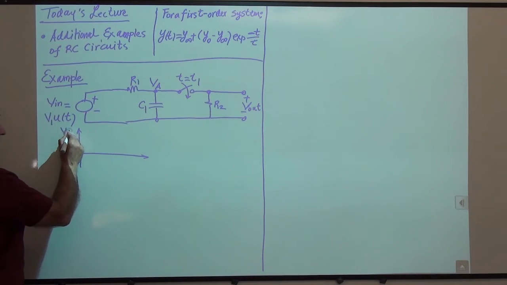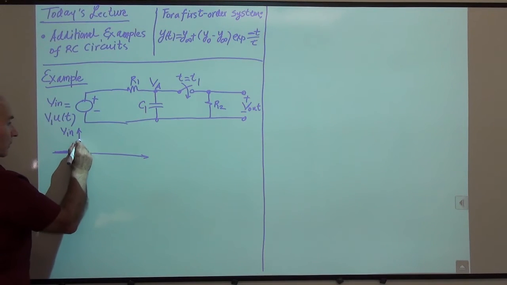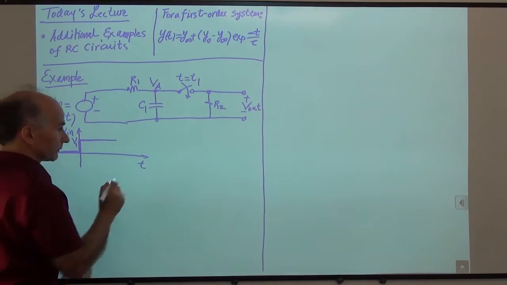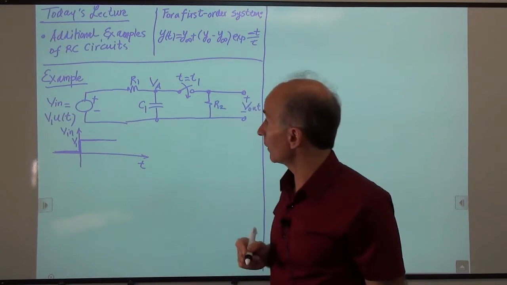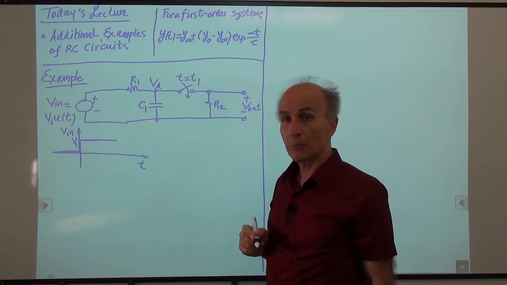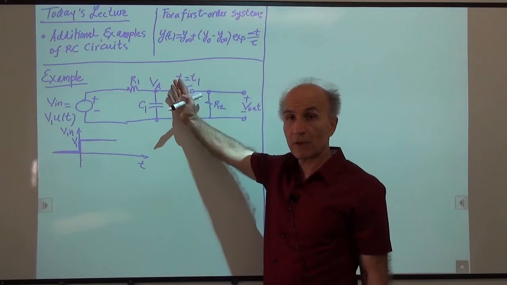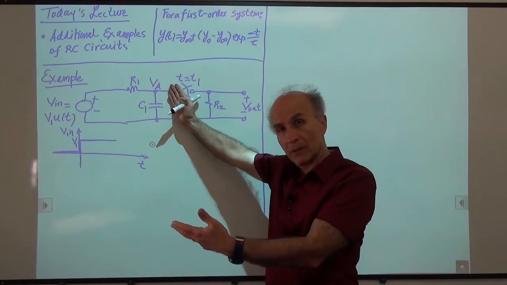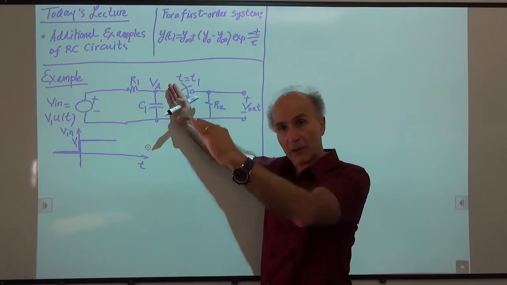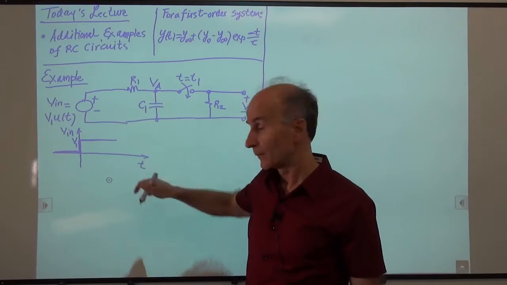So V in is a step, so it starts at 0 and jumps to V1 volts at time 0. Okay, so that's what we know. And then how about VA? Before this switch begins to conduct, before time t1, we just have our simple RC circuit responding to a step at the input. So we know how that goes, right? That's just an exponential that asymptotically approaches this value.